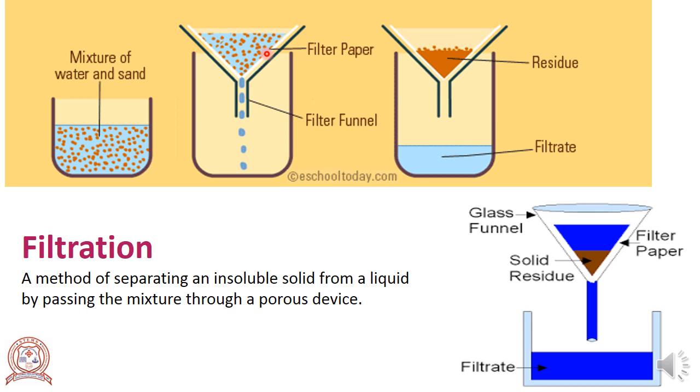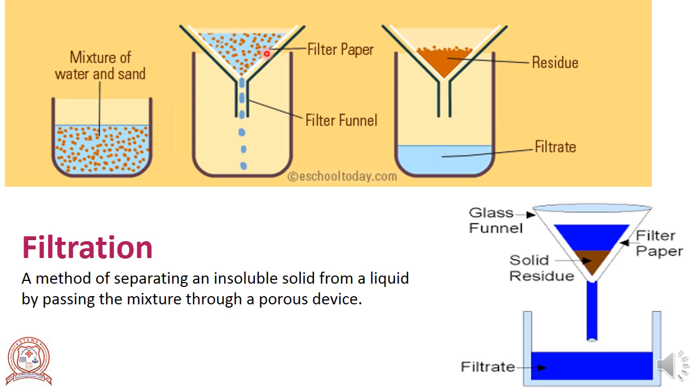We can use a piece of muslin cloth, cotton or a filter paper as filters. Fruit juices are usually filtered through a cloth to remove the seeds and solid particles before drinking. You must have seen muslin cloth at home.